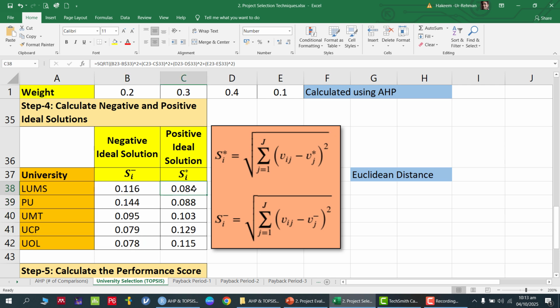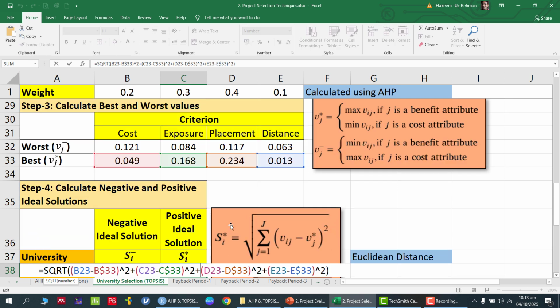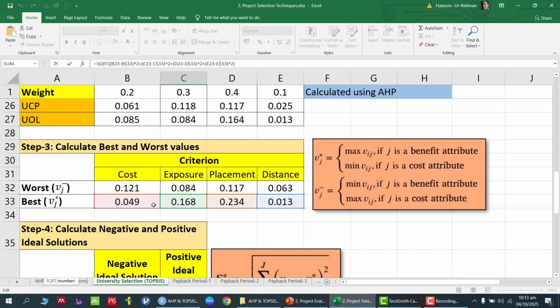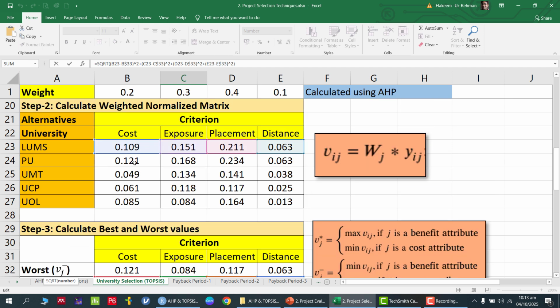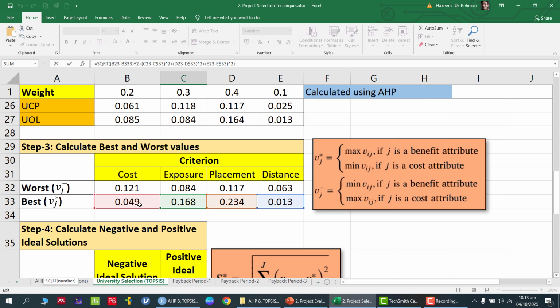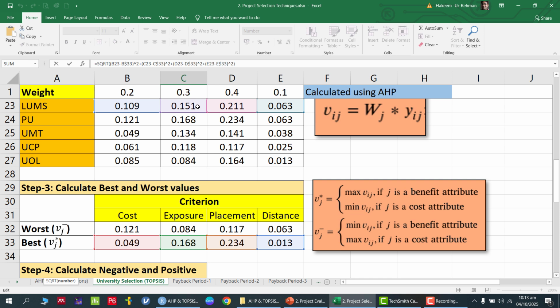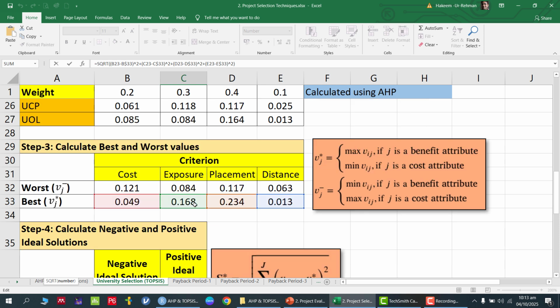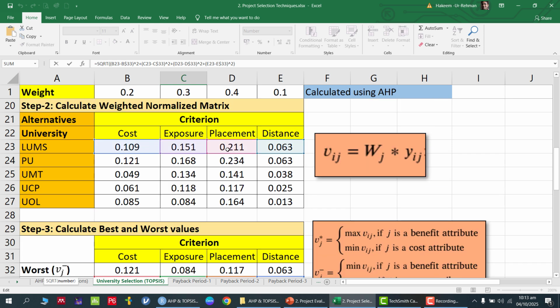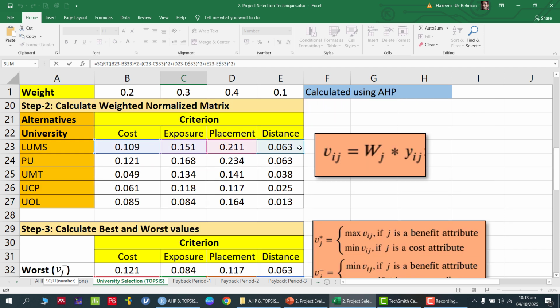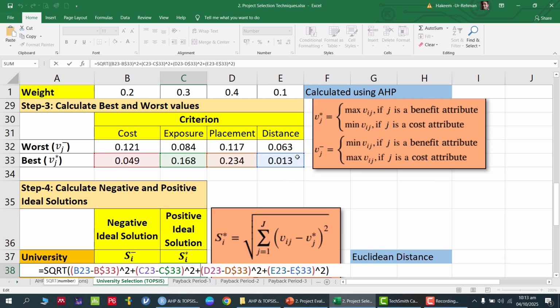Once we have applied it over here, we can drag and drop. Then, in order to calculate the positive solution, again against every criteria and alternative, we apply it based on the best value. So that means 0.190 minus 0.049, and then we take the square, plus 0.155 minus 0.168, and take the square, then 0.211 minus 0.234, and take the square, and then sum 0.063, and take the square and sum.